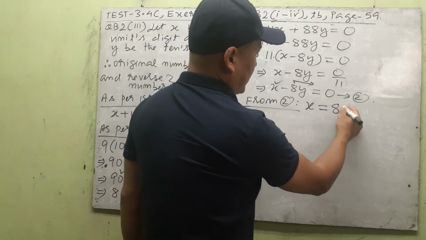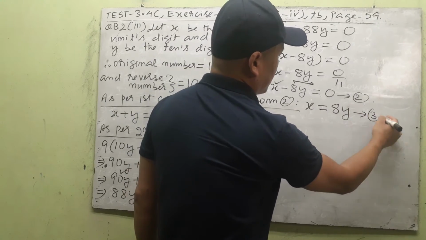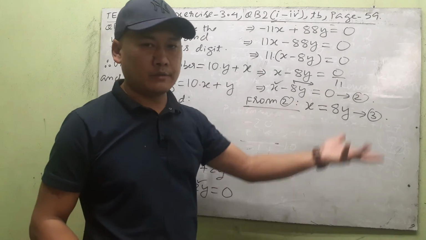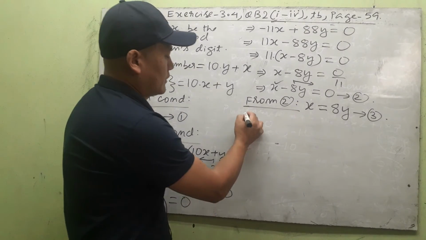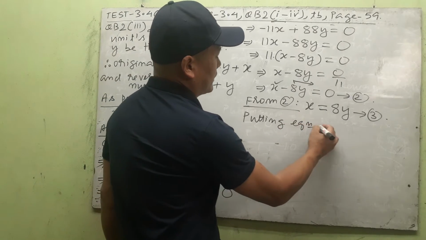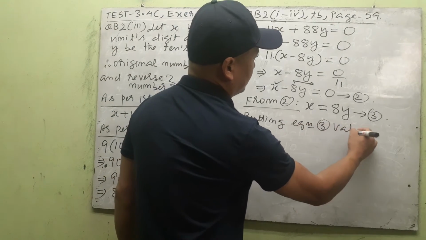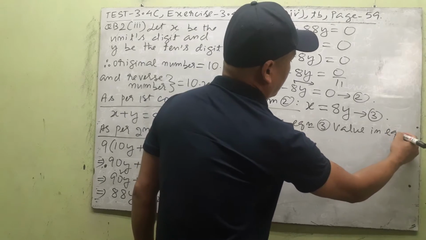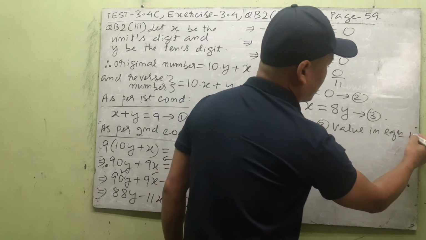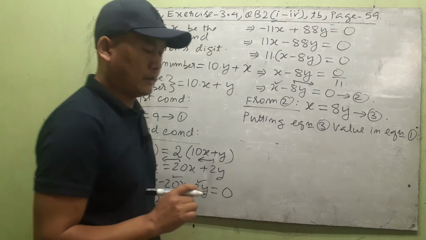Minus 8y shifted to the right side becomes plus 8y, so x equals 8y. Let us call this equation 3. We need not write 0, because 8y plus 0 is 8y only. Now putting the equation 3 value in equation 1. Since 3 is taken from 2, we should put it in the other one, 1, and not 2 again.